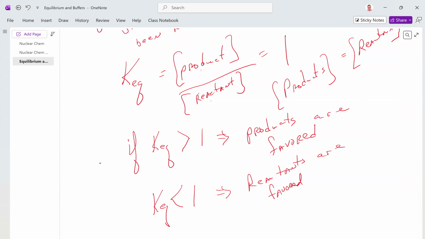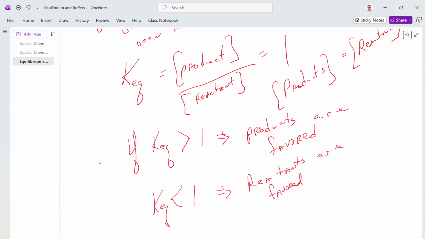Now, if we throw two solutions together and we get a precipitate, and we let it settle down for whatever time it takes to settle down, depending on what's put in what, we're going to reach this equilibrium state.